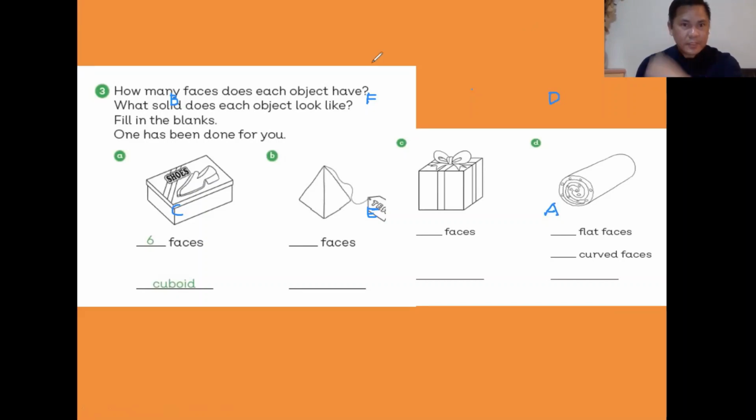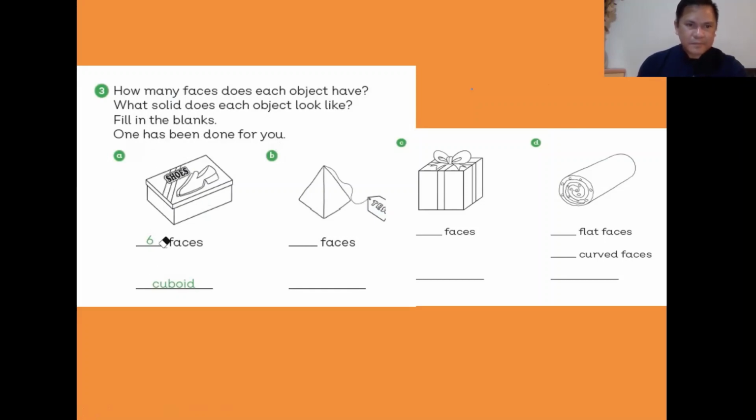How many faces does each object have? What solid does each object look like? Fill in the blank. One has been done for you.